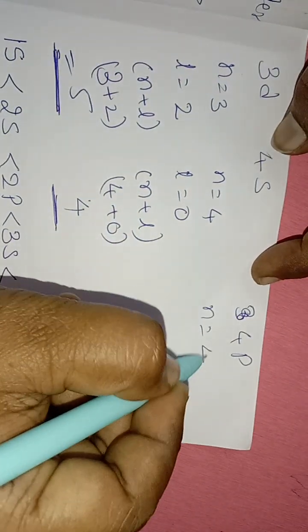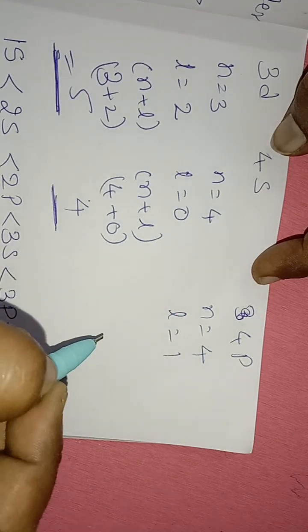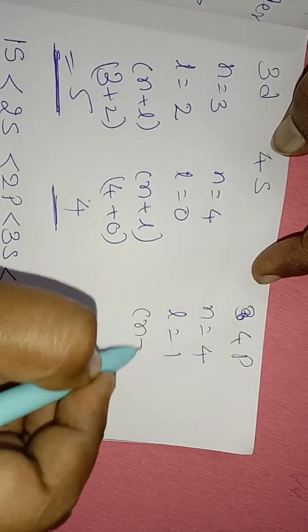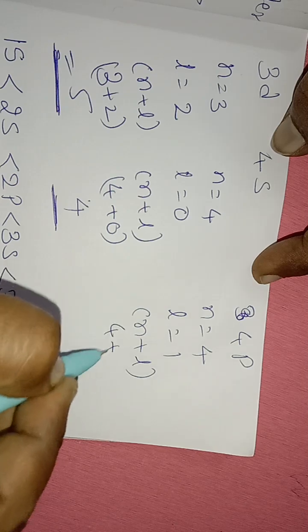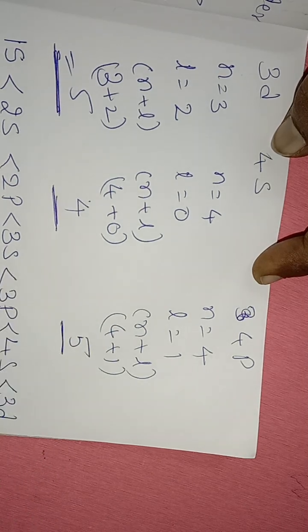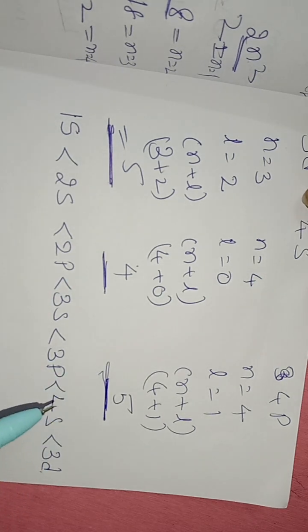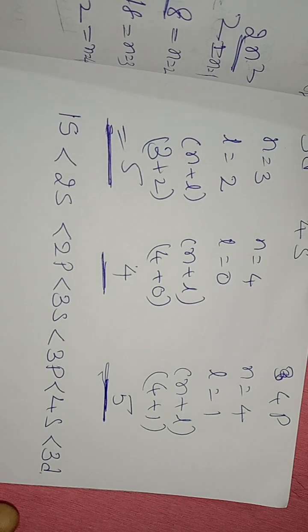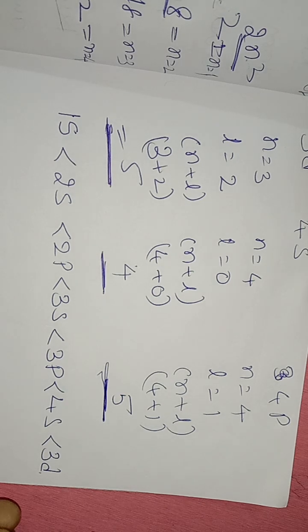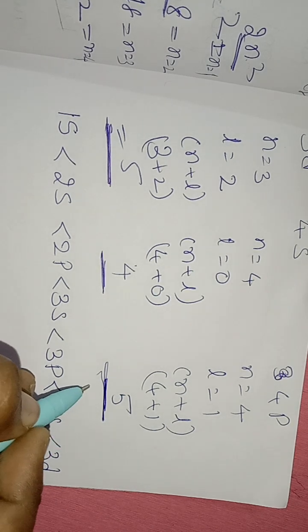Principal quantum number 4, L equals 1, right? So if you substitute in this formula, how much are you getting? 4 plus 1, 5. So you may get a doubt: both have the same energy levels, so in which orbital does the electron come? Obviously, here we have to follow the second rule.